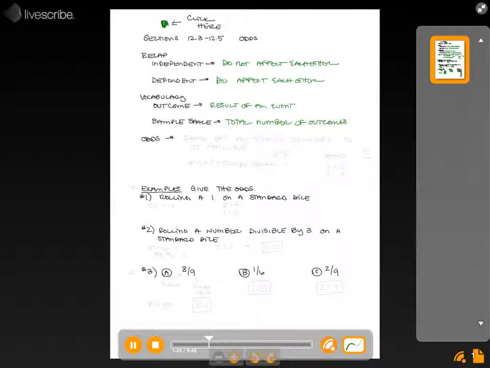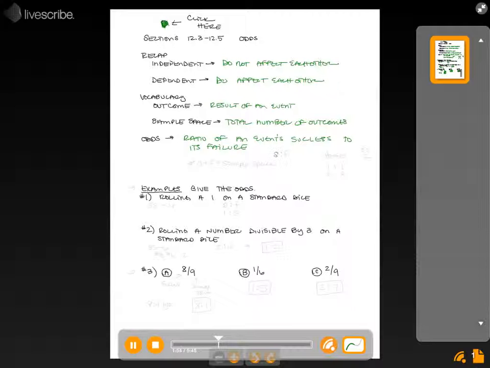Now all that ties into odds, because odds is the ratio of an event's success to its failure.